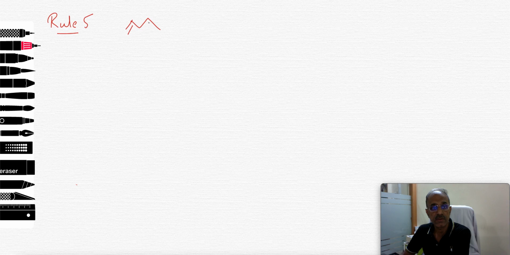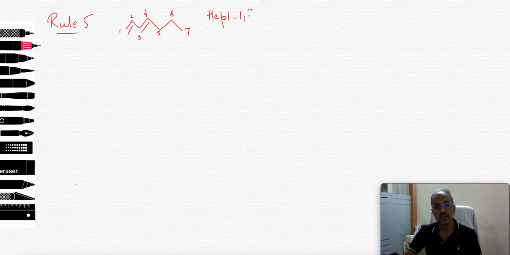So we will be naming 1, 2, 3, 4, 5, 6, and then 7. Fine. Then it will be hept 1,3 diene.